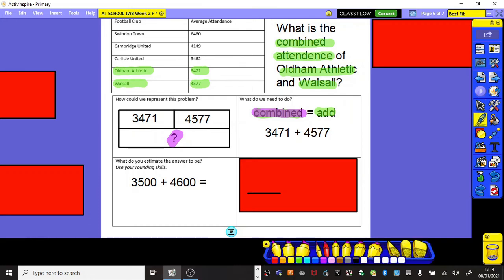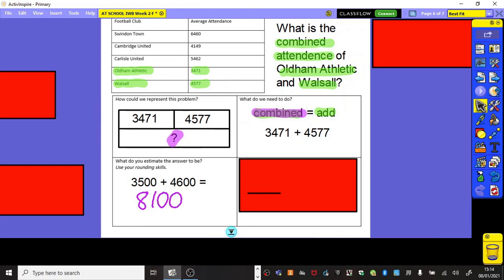Doing that mentally, I know that 3,000 add 4,000 is 7,000. 600 add 500 is 1,100. So I've got 8,100. I'm going to be looking for an answer close or roundabout that figure.